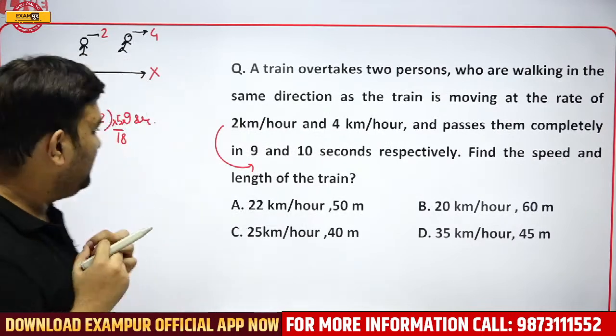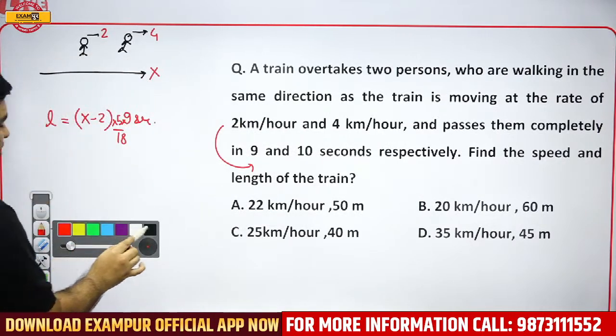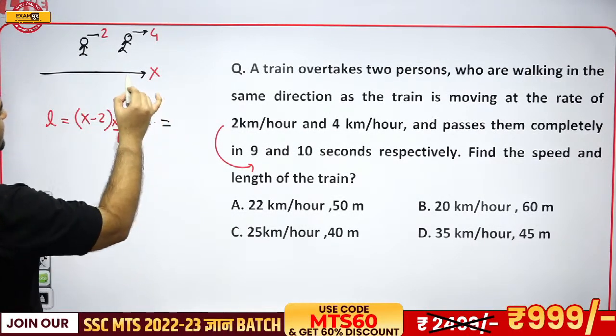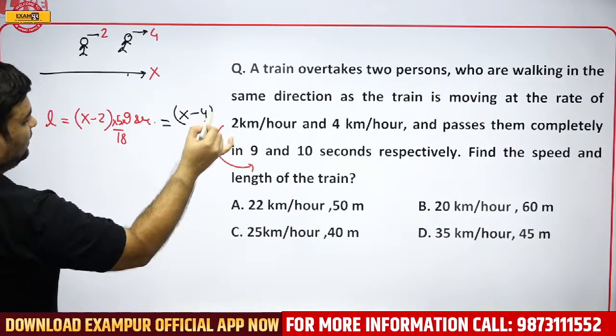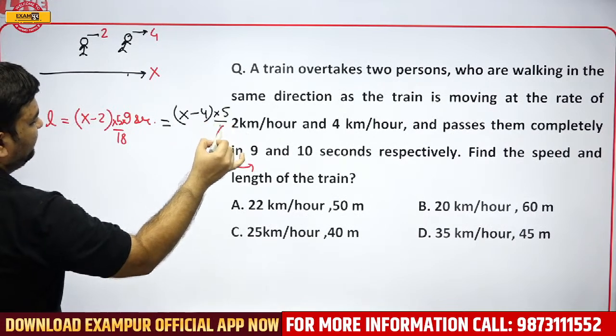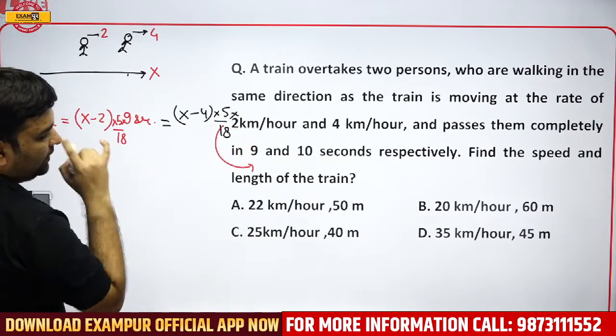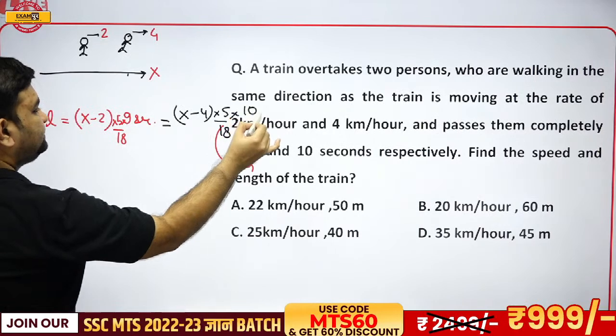Now, there is one more piece of information given. This train will cross the other man with the relative speed of x minus 4, converted into meter per second by 5 by 18, in 10 seconds.